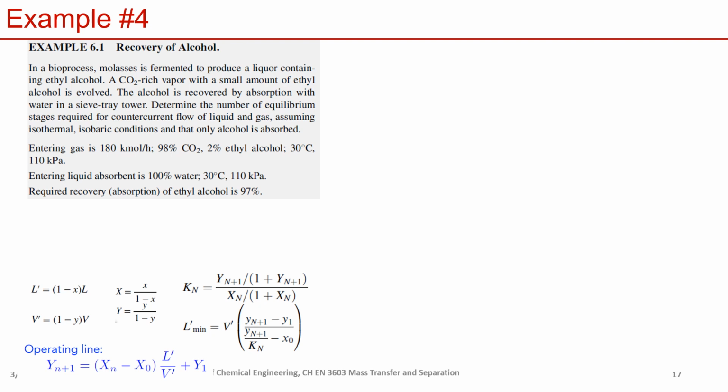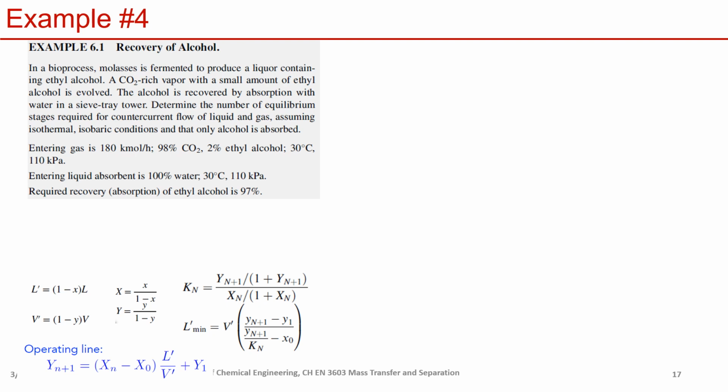We have a CO2-rich vapor with a small amount of alcohol evolved. Now we're trying to recover the alcohol from this CO2-rich vapor by absorption with a treat tower. Now we need to determine the number of equilibrium stages required to achieve the desired separation outcome, right?